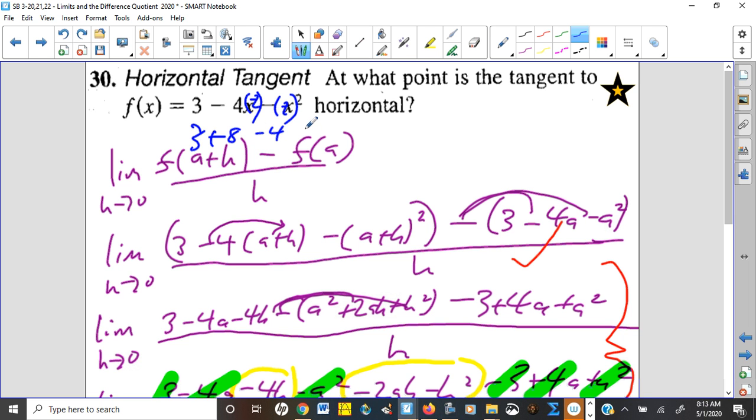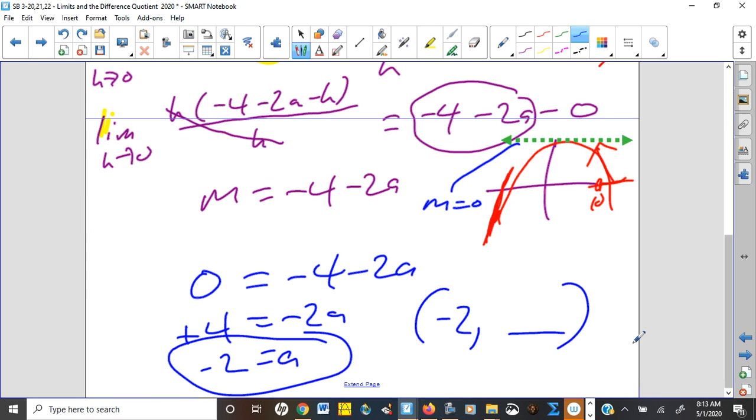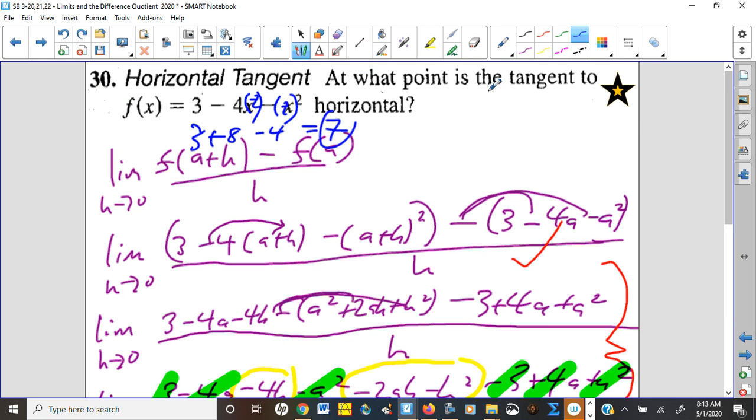So 11 minus 4 is 7. So the point would be negative 2, 7. And then you're done, okay? That's what it asks for. At what point? And a point does indicate both an x and a y value, not just an x value. Sometimes people forget that.